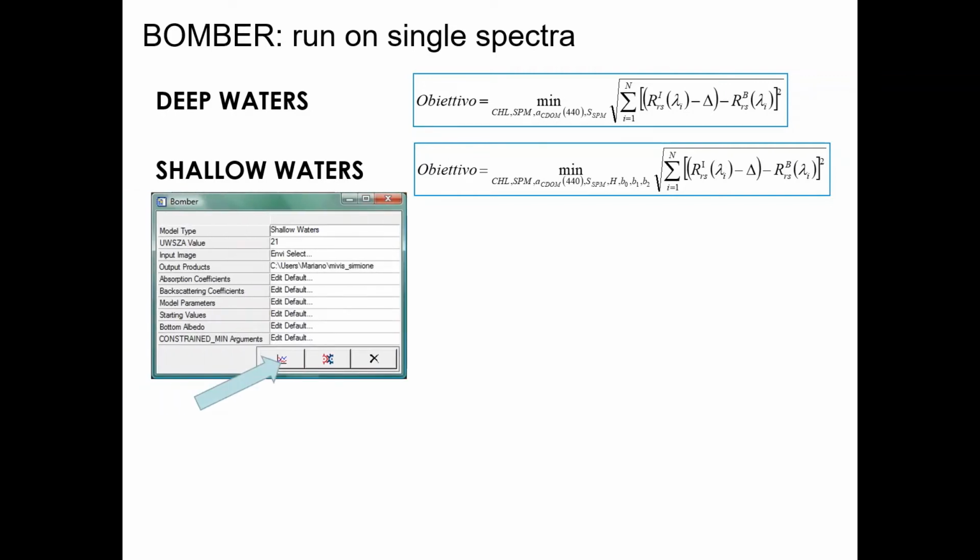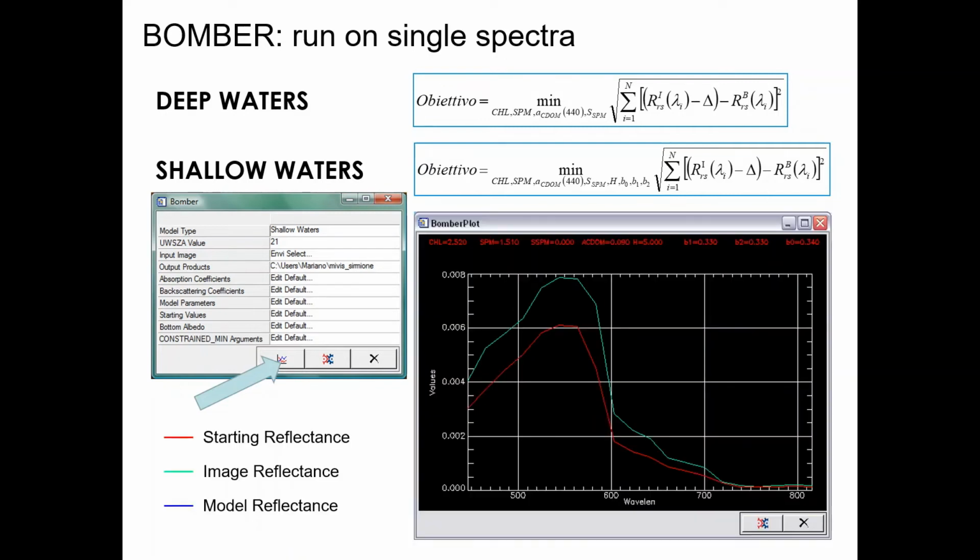You can run Bomber on a single spectrum by picking up the imagery reflectances. In red, you can see the reflectances as estimated thanks to the starting values.